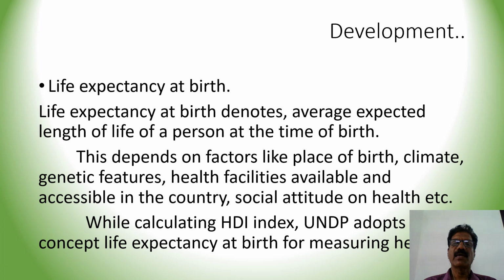This depends on factors like place of birth, climate, genetic features, health facilities available and accessible in the country, social attitude on health, etc. While calculating HDI index, UNDP adopts the concept life expectancy at birth for measuring health.